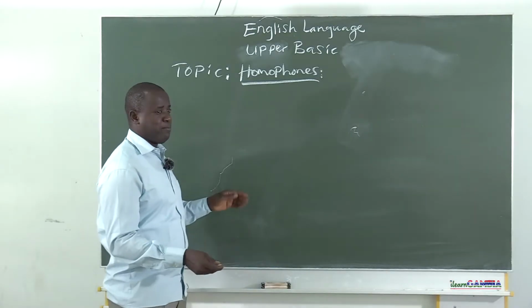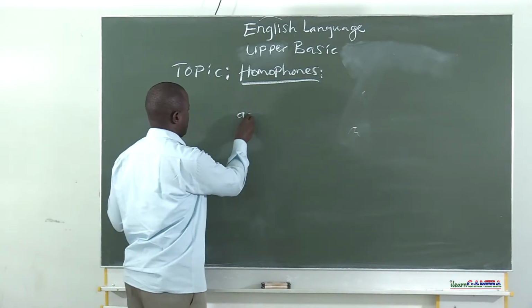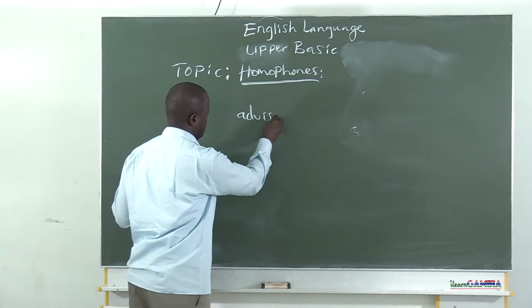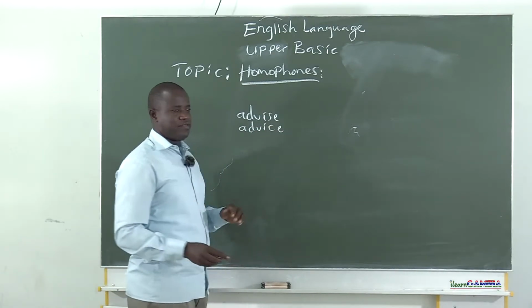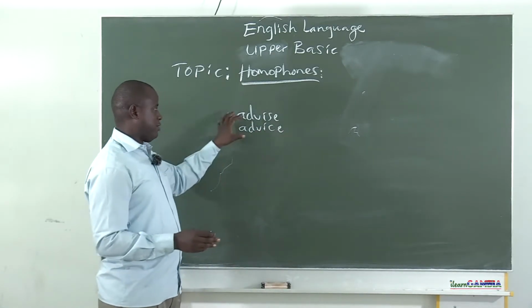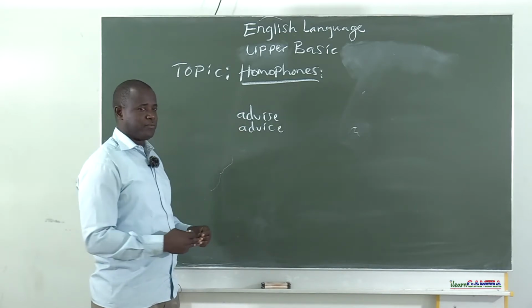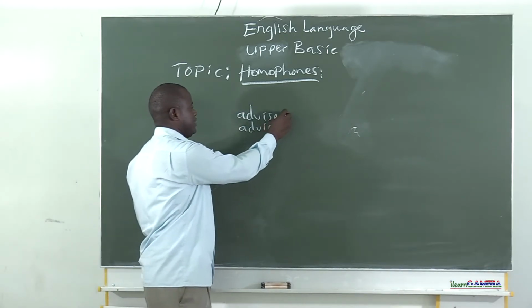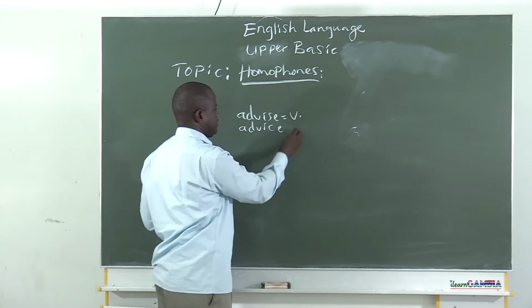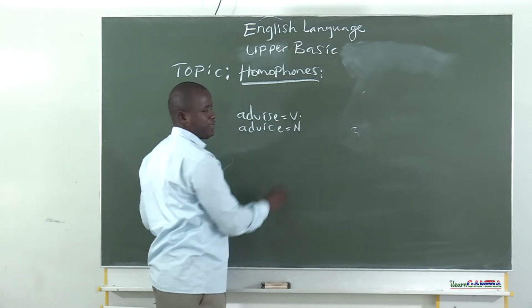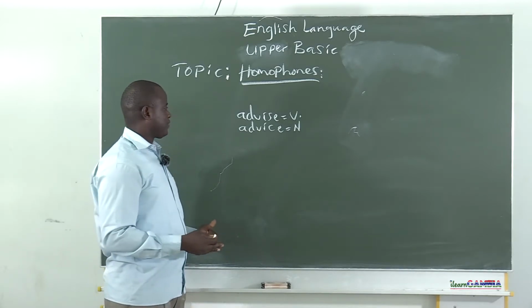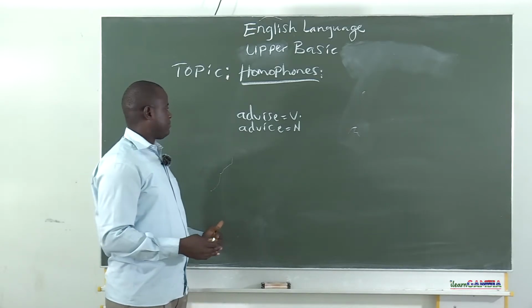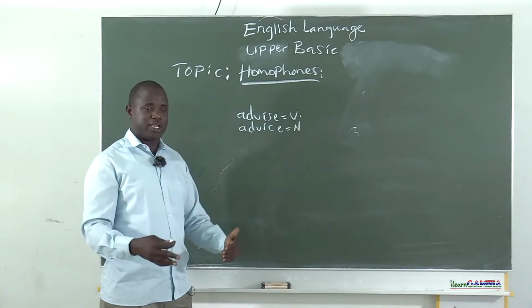If you look at this example, they sound similar, but they belong to different parts of speech. If you look at this word, it's a verb, while this one is a noun. So when you are using them in a sentence, you have to understand them so that you can use them accurately.